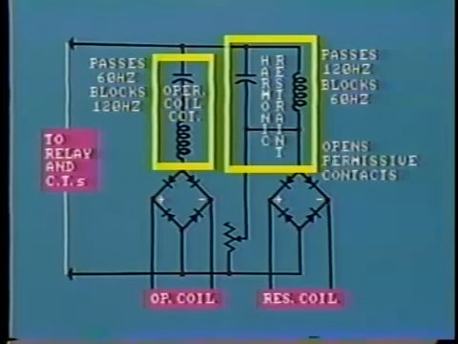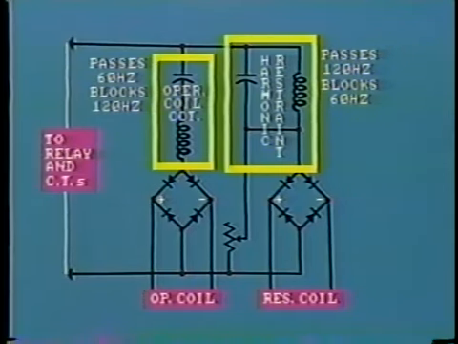When energized, the restraining coil opens the permissive contact in the tripping circuit. After the inrush current has subsided, the second harmonic will disappear. The permissive contact will close and the differential relay will operate normally. Now, there are several different ways of achieving the same result depending upon the specific relay design, but the objective is the same.